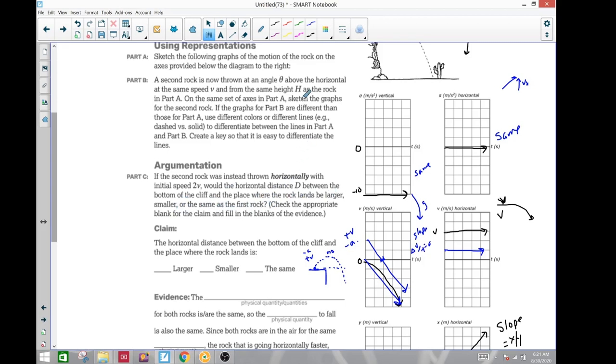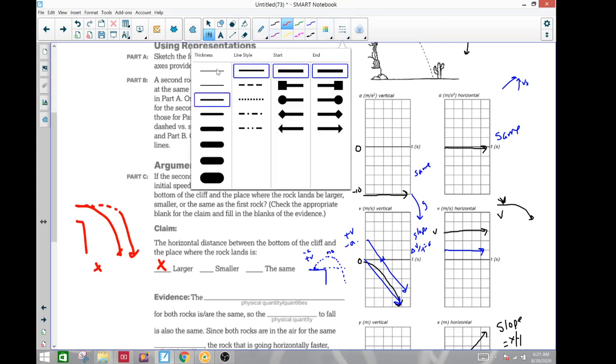So horizontally, the answer would be larger. All we're doing is throwing it off the cliff faster. We're in the air the same amount of time, it's just going faster, so it's going to land farther out.